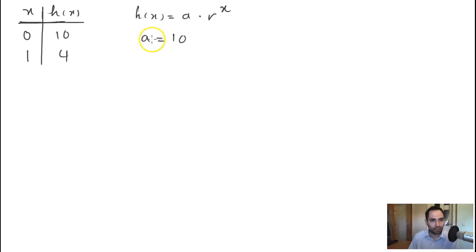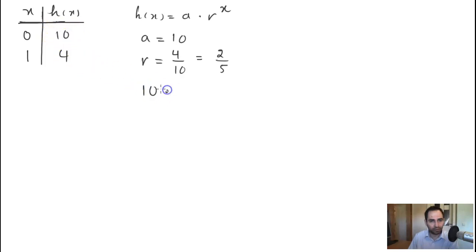And your r is 4 divided by 10, which is equal to 2 divided by 5. Or you need to figure out what number to multiply by 10 to get 4.